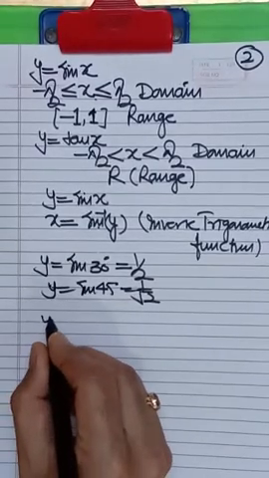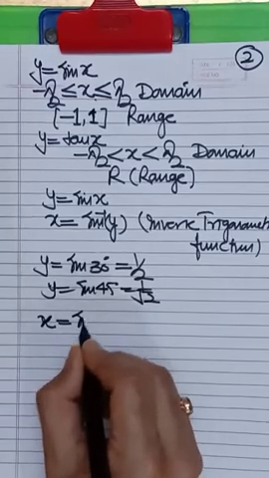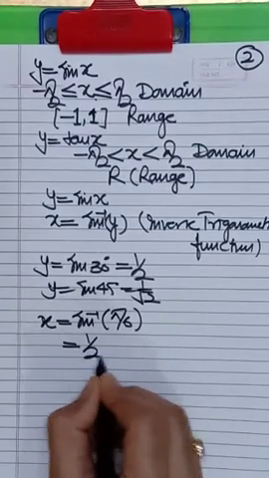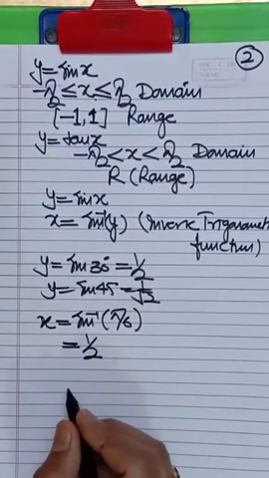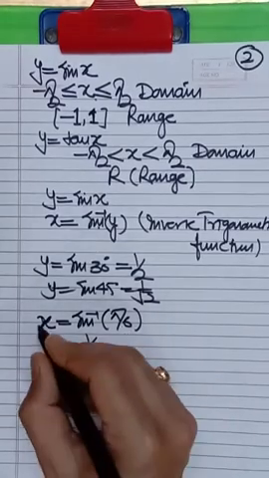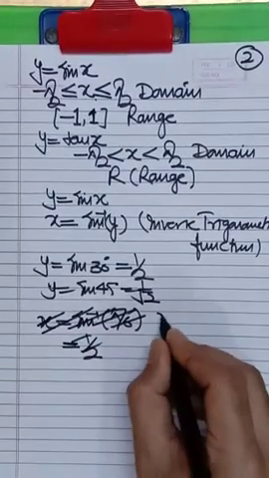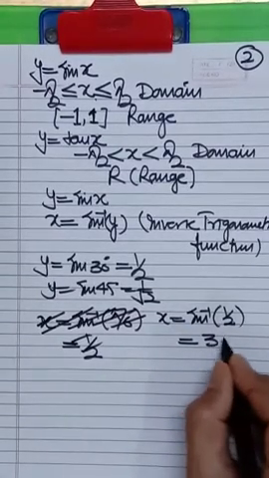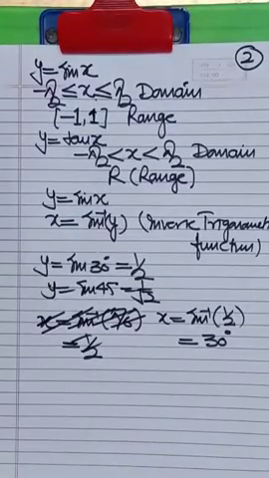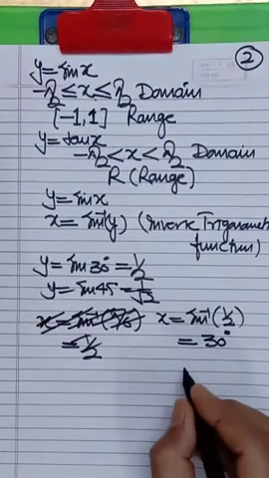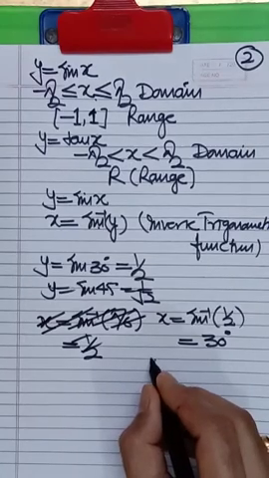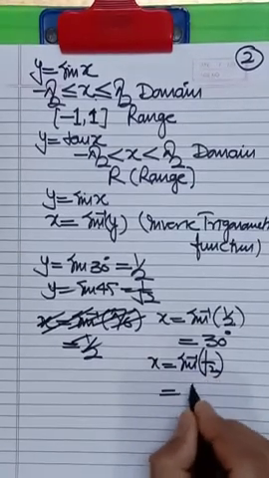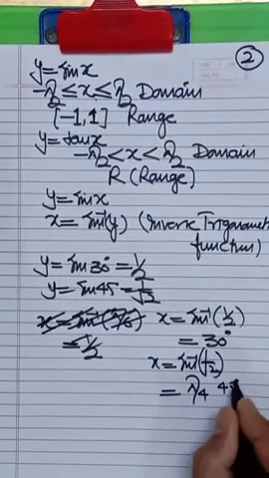Now in case of an inverse trigonometric function, if we put value half, then we get the angle 30 degree, that is pi by 6. Similarly, if you put the value 1 by root 2, you will get pi by 4, that is 45 degree.